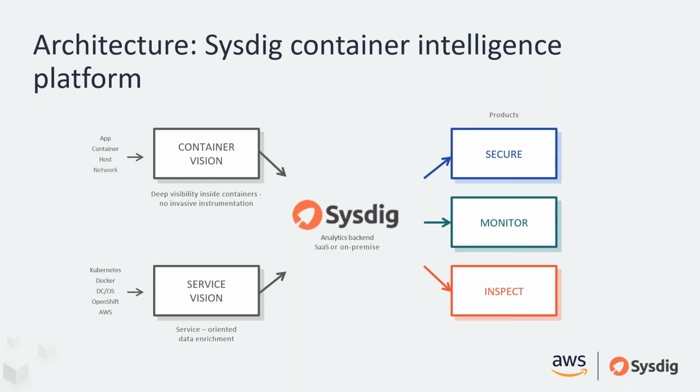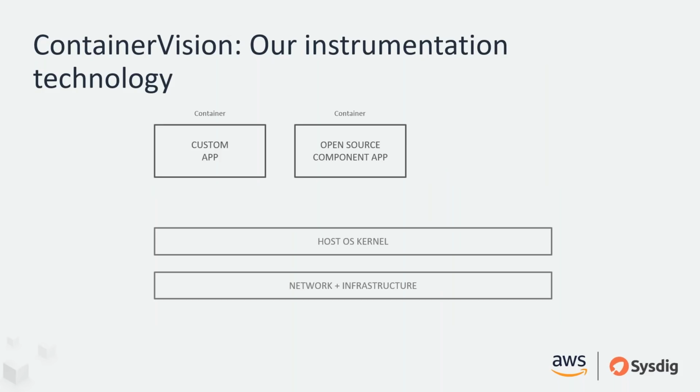So next, I'm going to cover our architecture, a little bit about how we get data from your system and how we're able to see inside your containers. Our architecture is made up of 2 main components. The first would be container vision, which is going to allow us to see all app activity, container activity, host, network from a single instrumentation point.